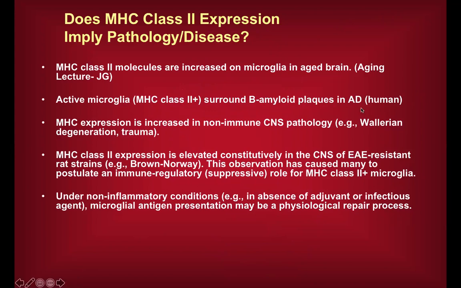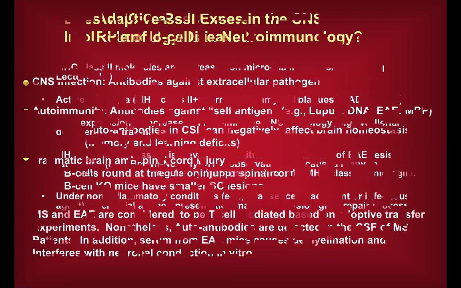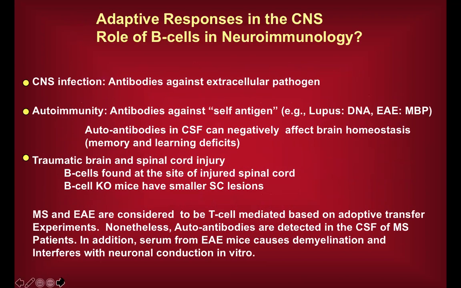We also see MHC around CNS pathology, around things like Wallerian degeneration and trauma. And we can see it sometimes in the absence of infection during repair processes. So I think it's important, if you do come across MHC in the literature being increased in certain situations, you have to put it into context.